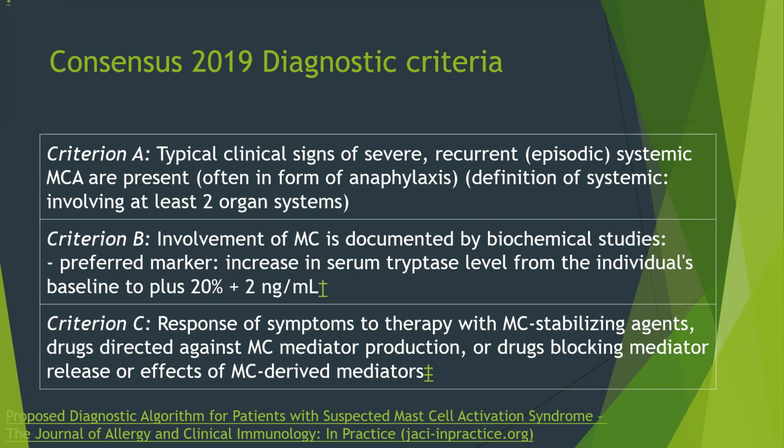So for example, if your normal baseline level is 5, which is within normal limits, but after trigger stimulation it went up to 8, that will be sufficient to prove this criterion. Then criterion C is a response of symptoms to therapy with mast cell stabilizing agents and such. If you have those 3 criteria, then there is a good chance that you have a diagnosis of mast cell activation.